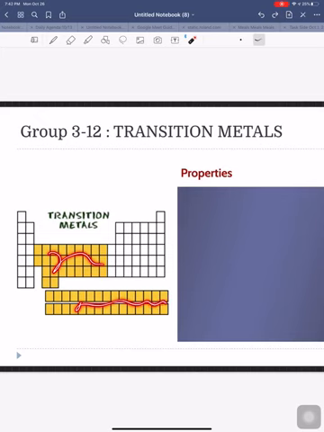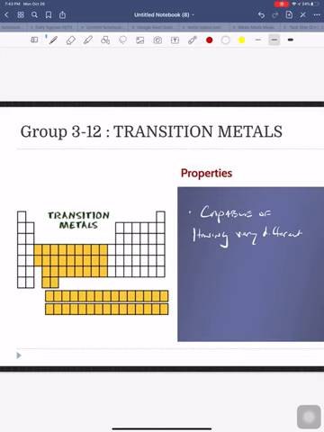Transitions, I will tell you about it, but I have to know a lot of specific things to transfer. So with transitions, we'll just say capable of having very different atomic behavior.